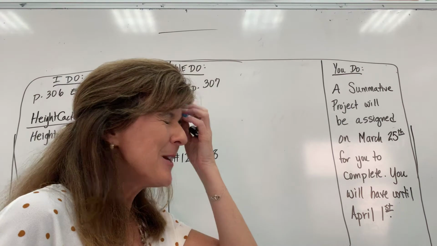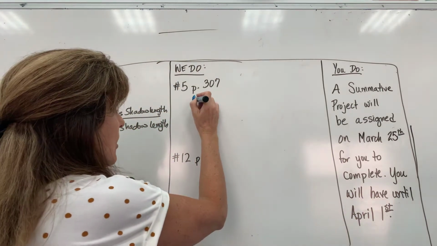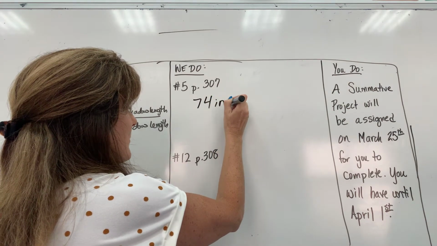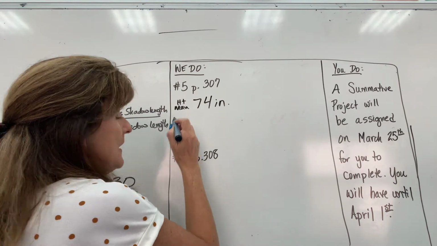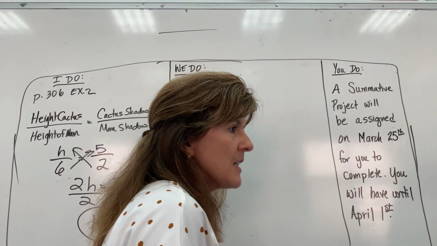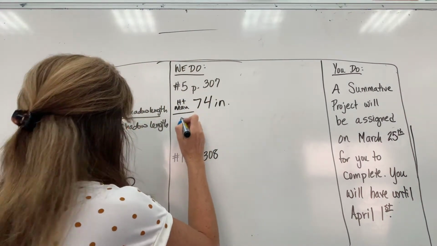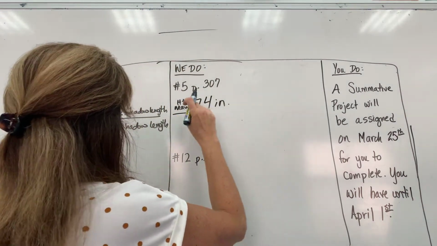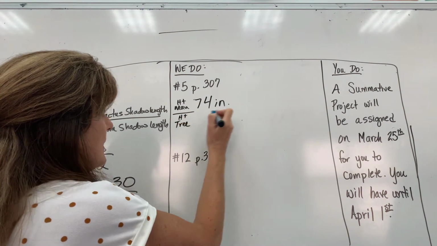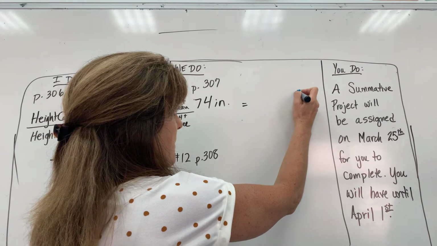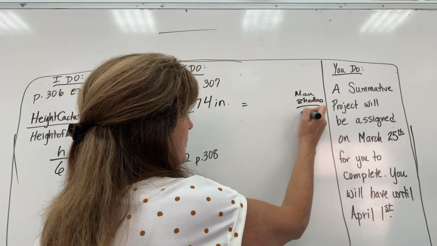Okay, number 5, you have a palm tree, and a man who is 74 inches tall stands beside the palm tree. So we're going to do height of man over height of tree equals man's shadow over tree shadow.